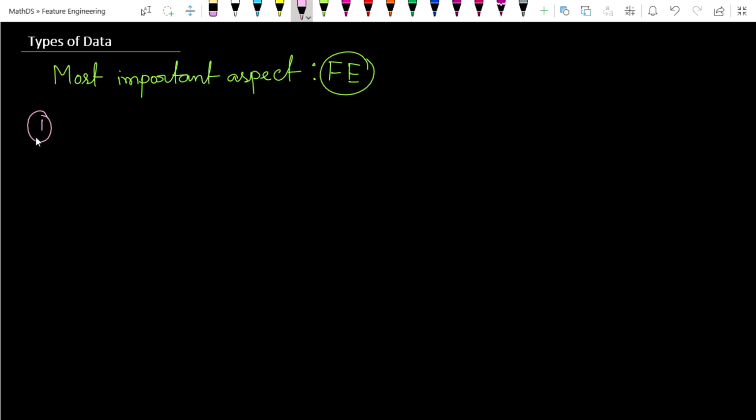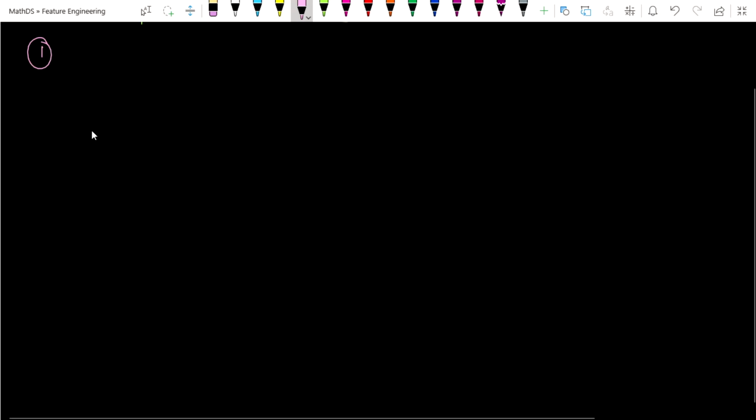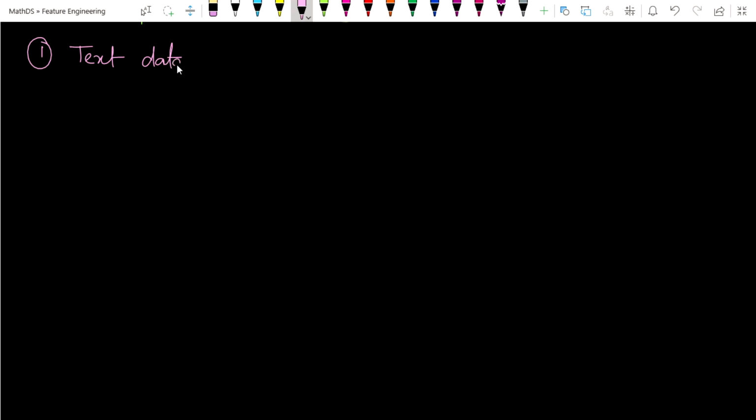So the first kind is text data. In the previous NLP chapter we have seen how to featurize text data, meaning how to convert the text data into a numerical quantity, in a vector format.